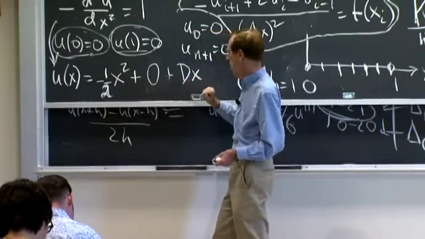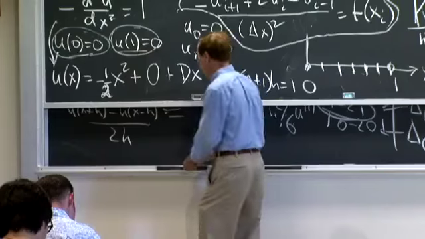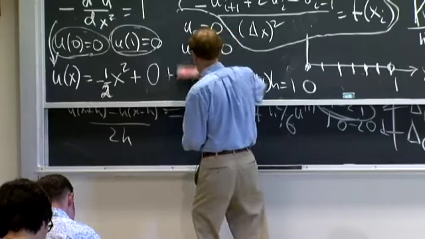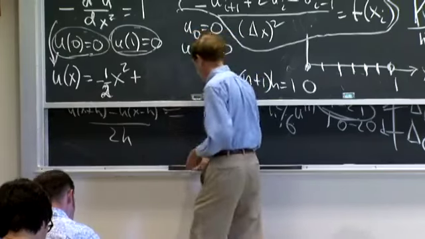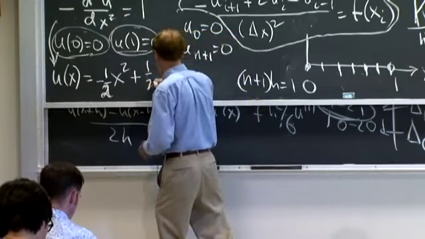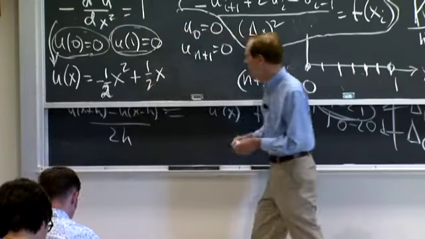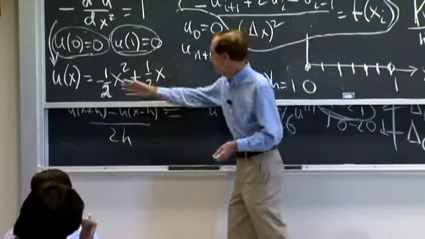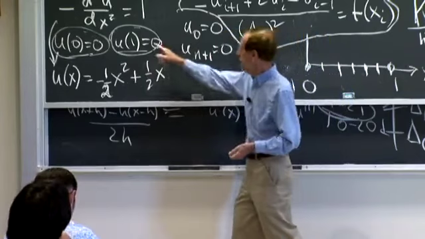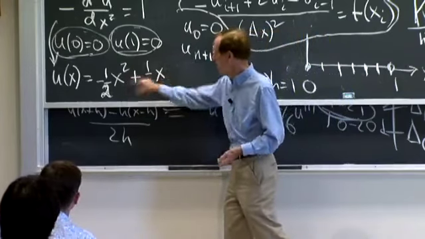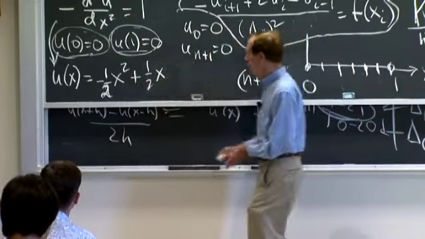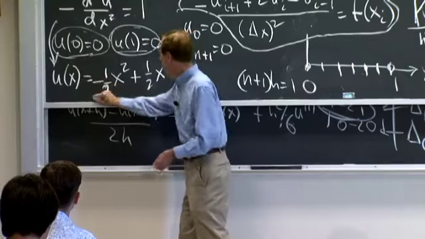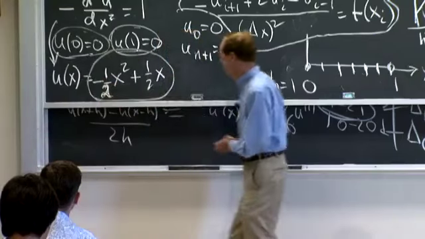What's D? It's a half. So d x is a half x. It always pays to look back. At x equals 0, that's obviously 0. At x equal 1, it's 0 because those are the same, and I get 0. So minus a half x squared plus a half x.